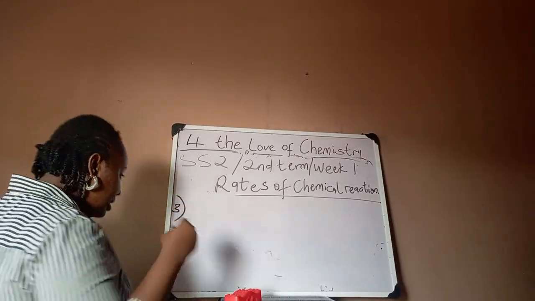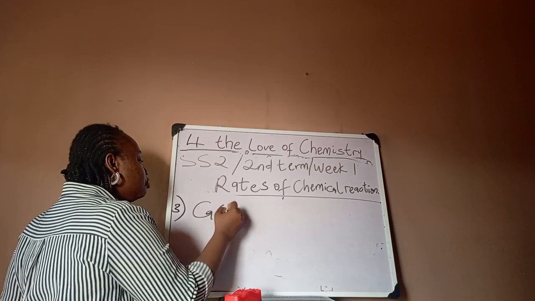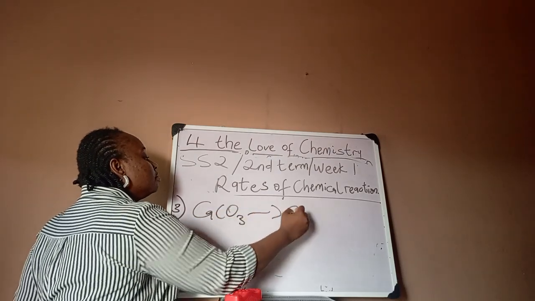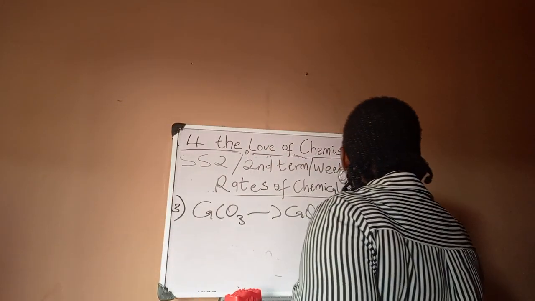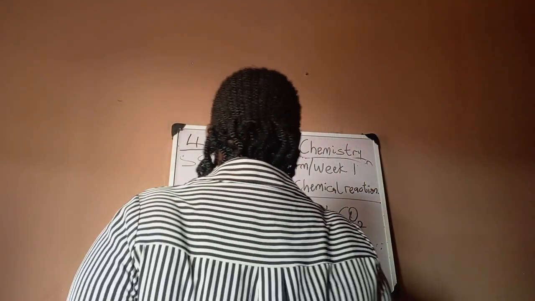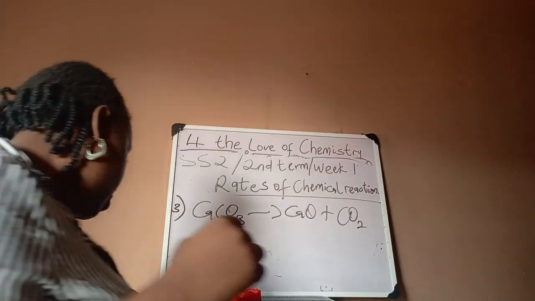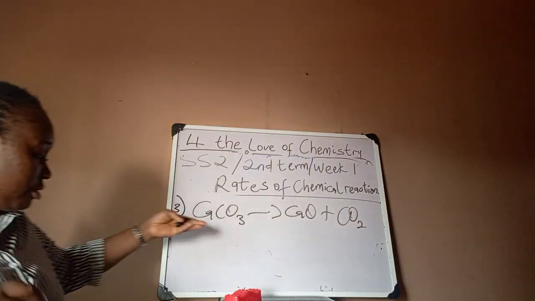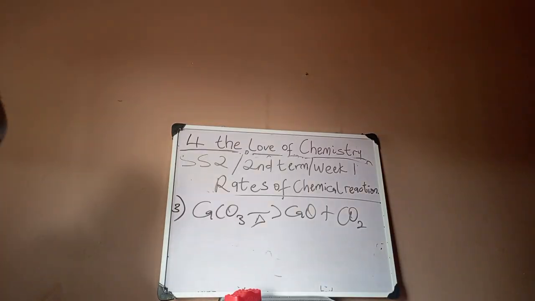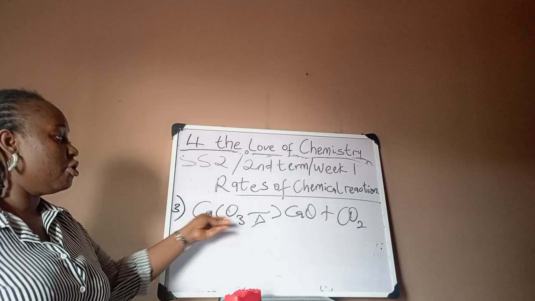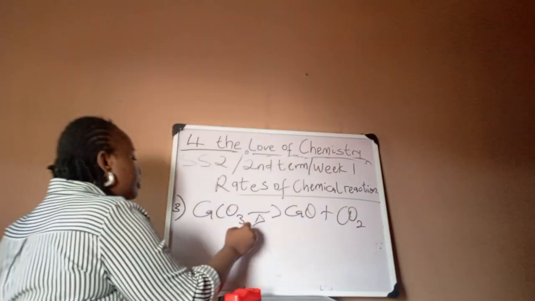So for instance, the decomposition of calcium trioxocarbonate(IV) to give you calcium oxide and carbon(IV) oxide. So this reaction involves heat, so that this can decompose to give you this.